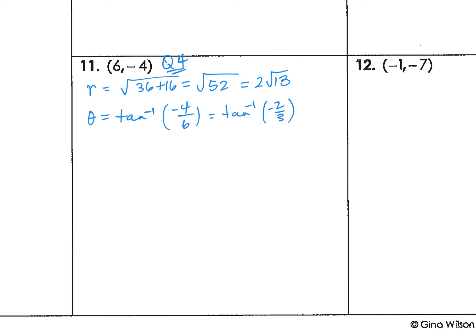Okay, so negative 2/3 is not on the unit circle. So I'm going to change this to degrees because, you know, degrees. Change my calculator to degrees.